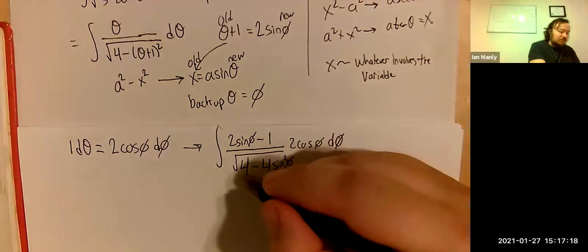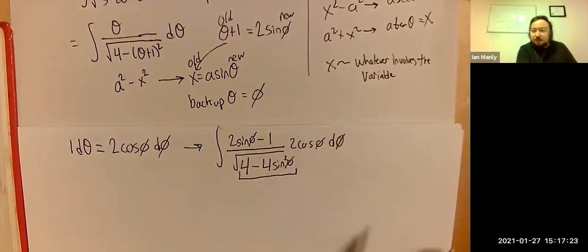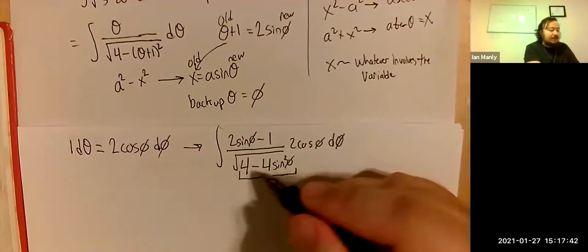Let me ask you guys this. What is the inside of the square root going to turn into? What's that going to be? That's right. It's going to be 4 cosine squared. Because remember, this is the Pythagorean identity.